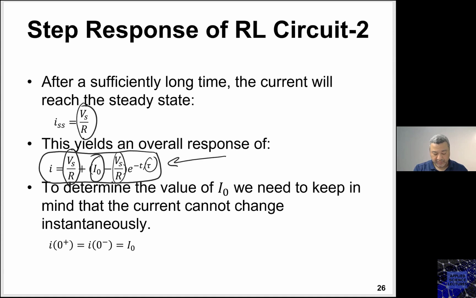From the initial, don't forget that in order to find the initial, we find it from the I0 minus, that equals I0 plus, and this is going to be my initial current in the inductor.